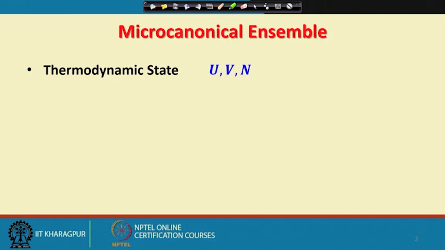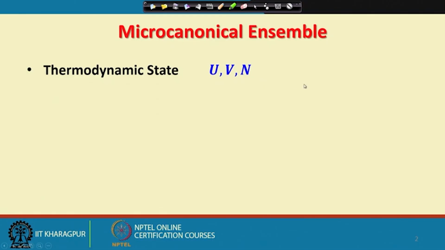In our case, we are going to use the language of thermodynamics to describe this generic condition. So, when I am talking about a microcanonical ensemble, I am basically defining the thermodynamic state in terms of the internal energy, volume and the number of particles.